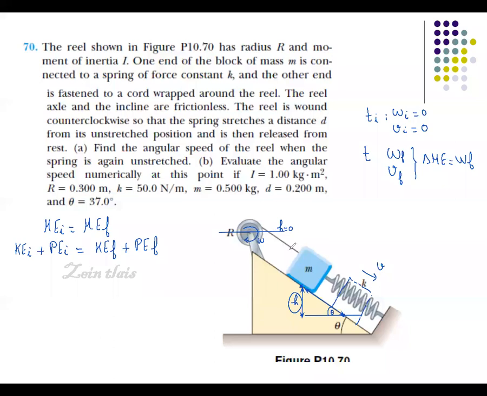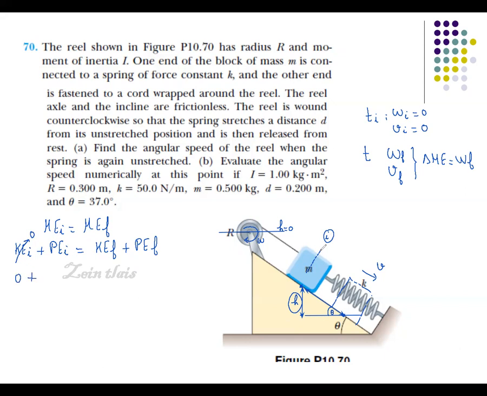Initially, the system at this initial position, we don't have velocity, we don't have omega, we don't have v, so we don't have kinetic energy. So the kinetic equals to 0 plus potential.